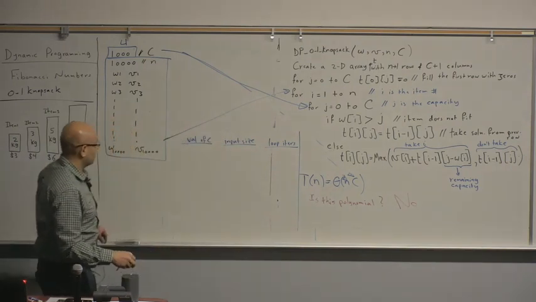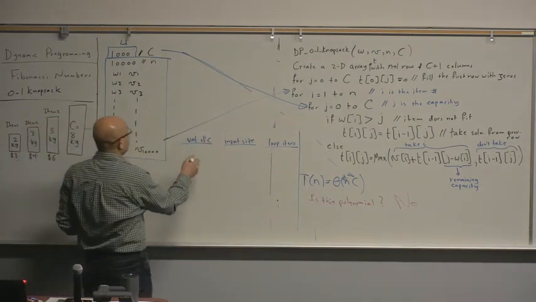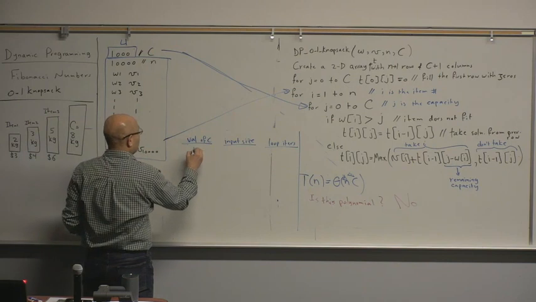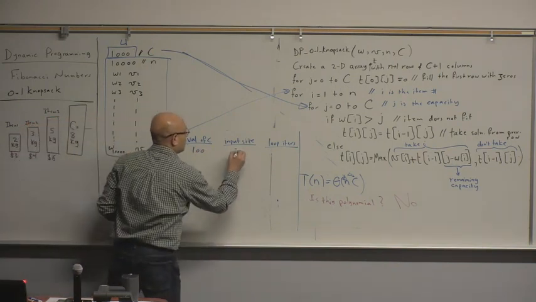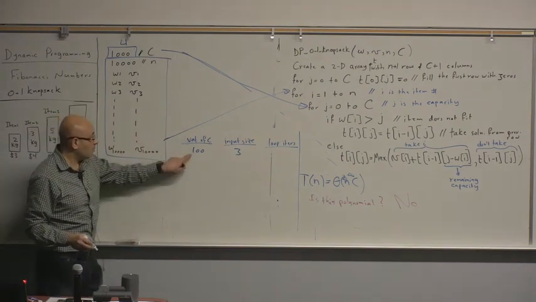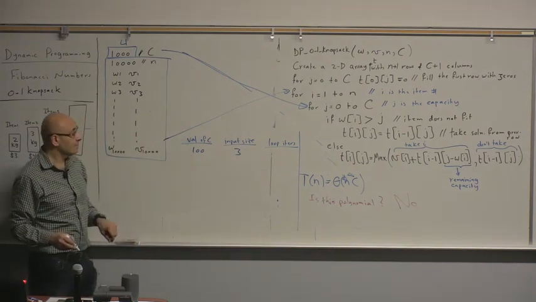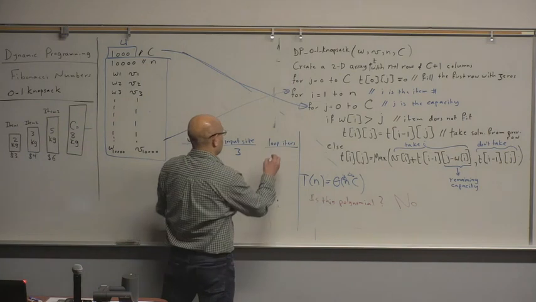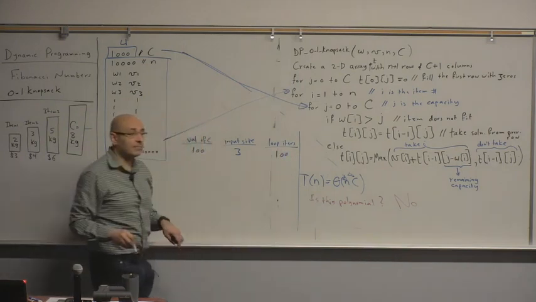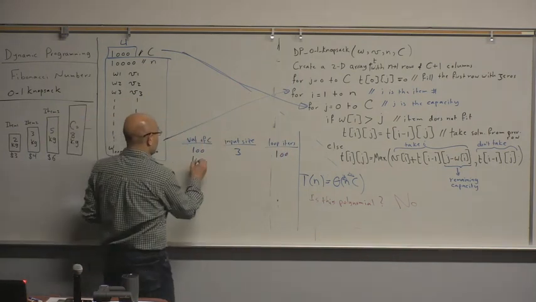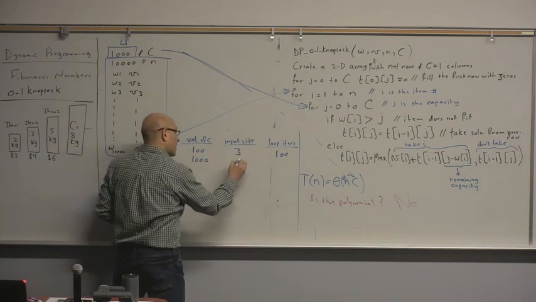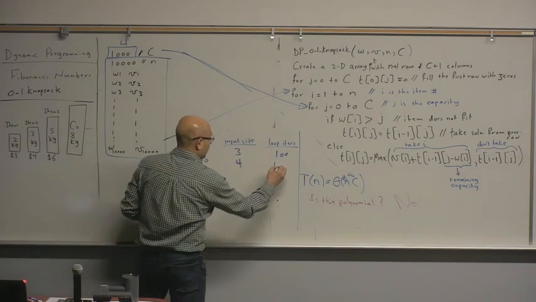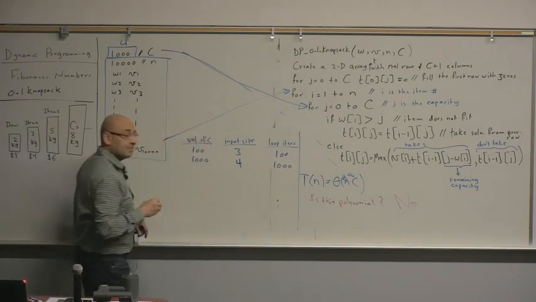If the value of C is 100, the input size is just 3 characters: 1, 2, 3. And the loop is going to execute 100 times. If the value of C is 1,000, then the input size is what? 4 characters, and the loop is going to execute 1,000 times.